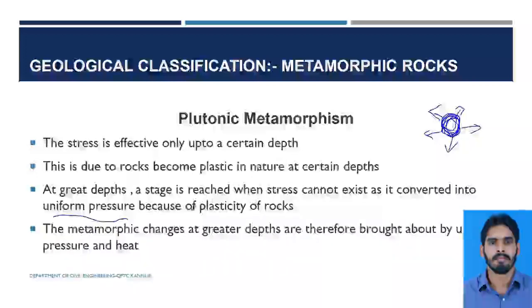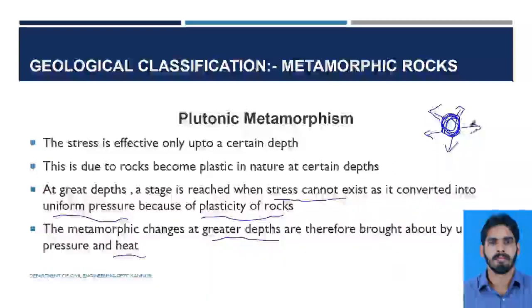So the metamorphic changes at that grade are brought about by uniform pressure, and due to the pressure, some amount of heat is generated. This is known as plutonic metamorphism. Due to plasticity of rocks, stress will not exist.